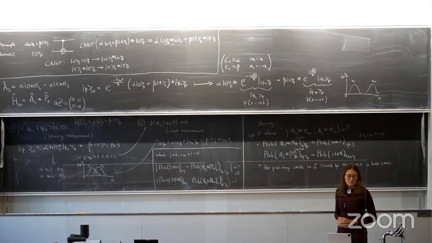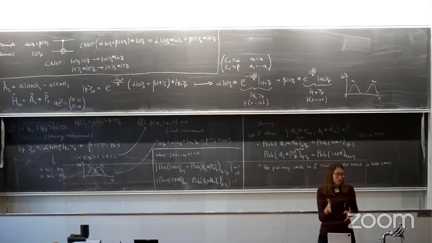And then depending on the strength of the interaction, this shift in the positions can be far away from each other, which would correspond to the strong measurement when there is almost 0 overlap, or it would correspond to the weak one where there might be quite large overlap between the two. And then by measuring position, you wouldn't know if it corresponded to the function shifted by a or minus a, if these two are too close to each other.